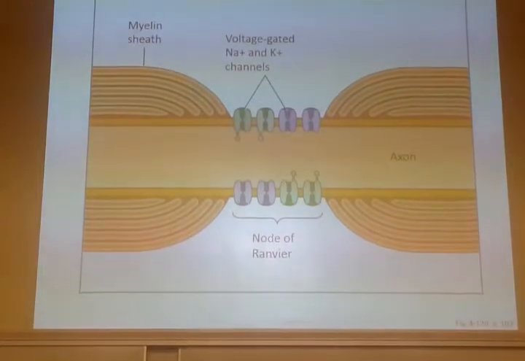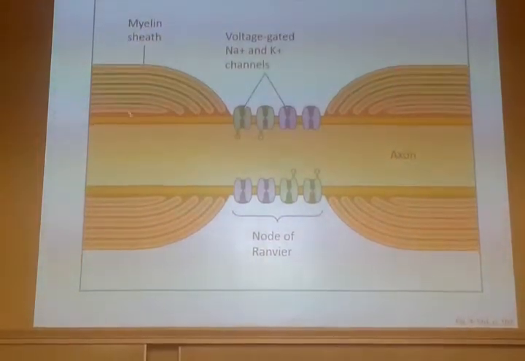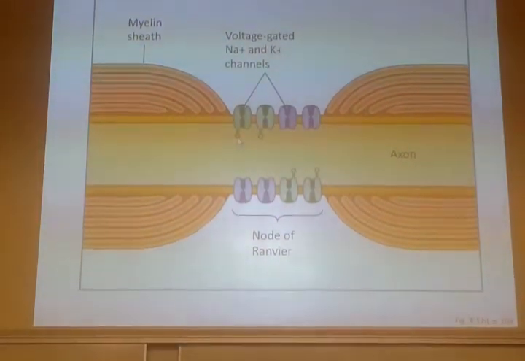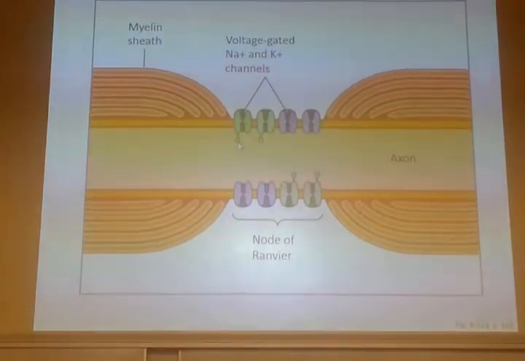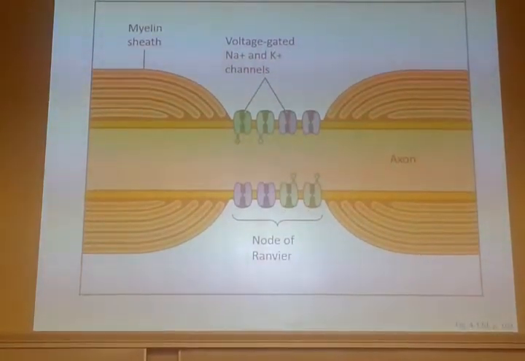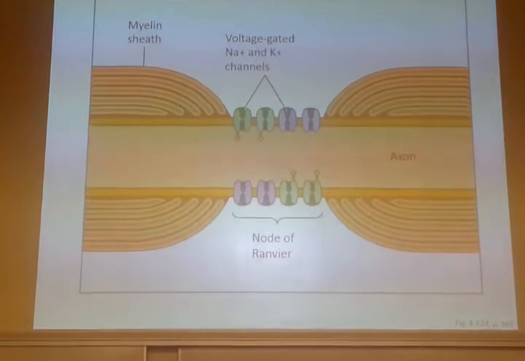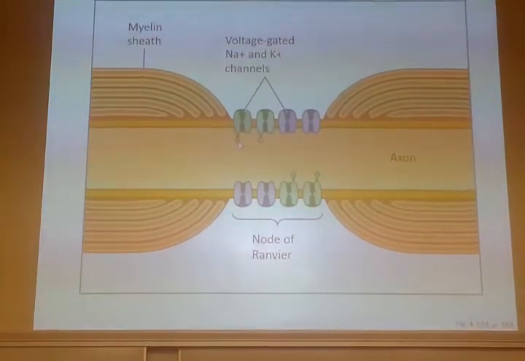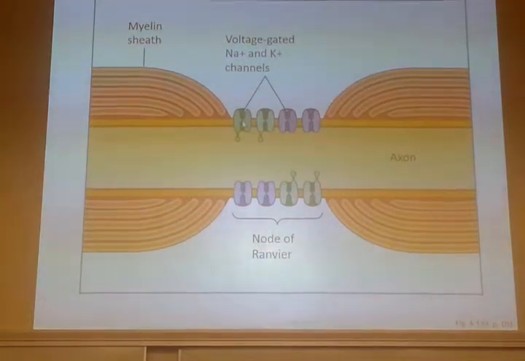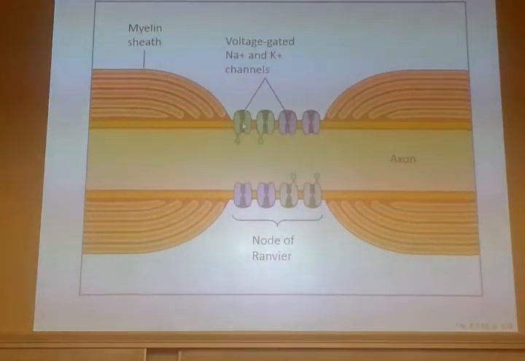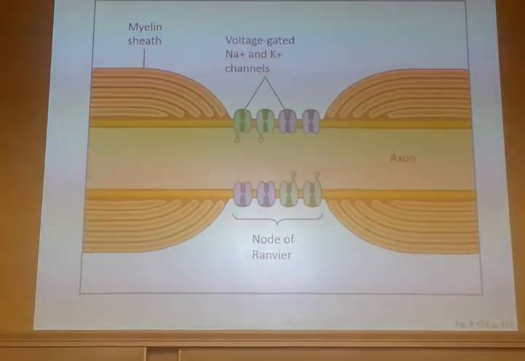Once some of them close, they close with the inactivation gate. You still cannot open them again until they get back into their original conformation, which is that inactivation gate open and the activation gate closed. This is when you're back to resting membrane potential.